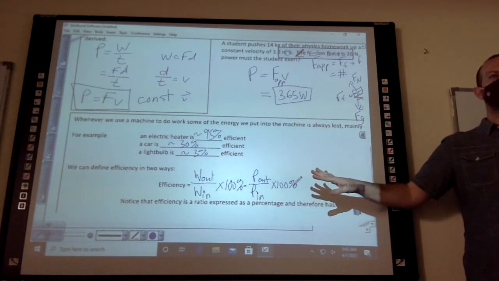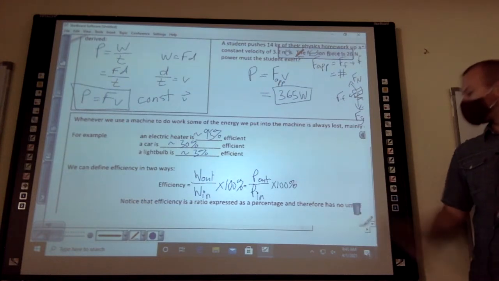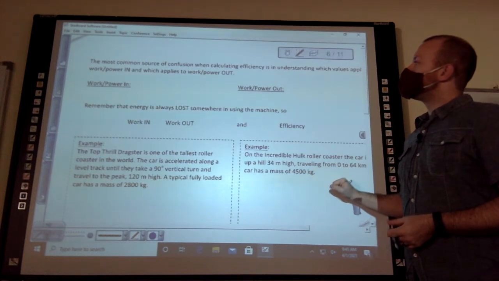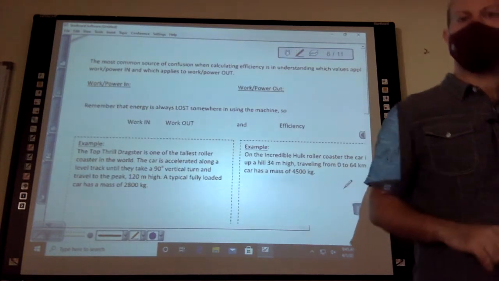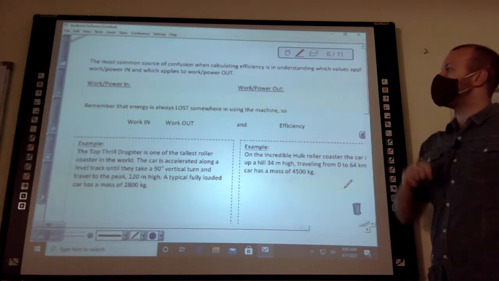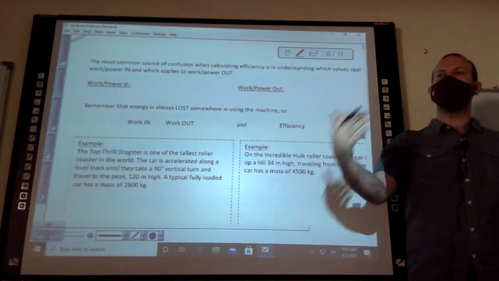All right, is anyone still writing this out? So, in calculating this, we need to remember which one is the input and which is the output. The input is what you are doing to put into your system.